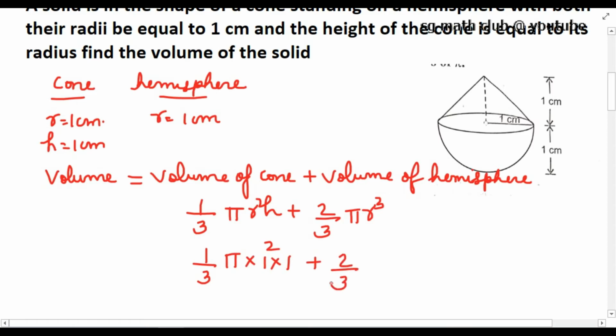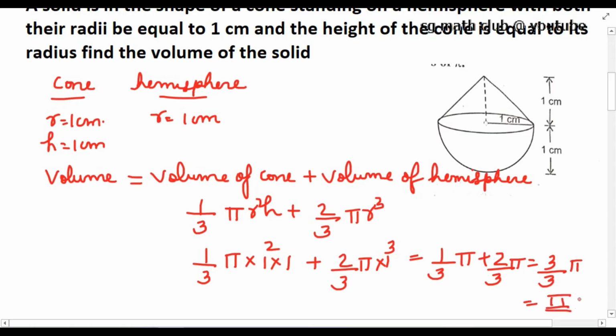In the same way, the radius of the hemisphere is also 1. So it is equal to 1 by 3 pi plus 2 by 3 pi, which is equal to 3 by 3 pi. So the volume of the new solid formed is pi centimeter cube.